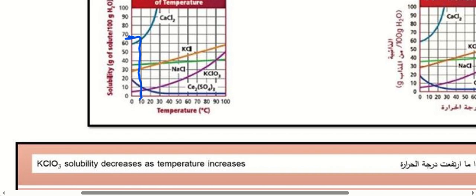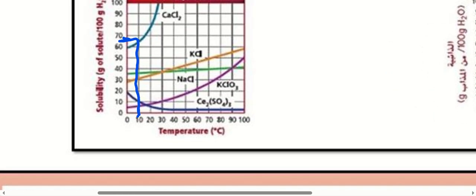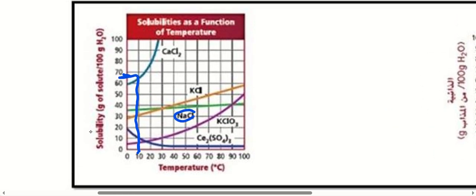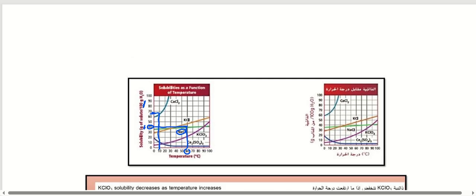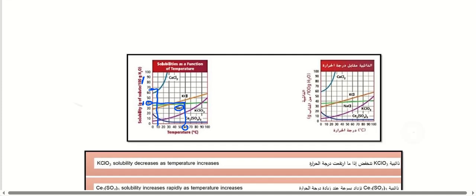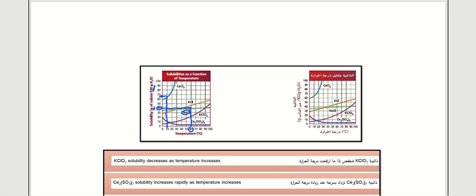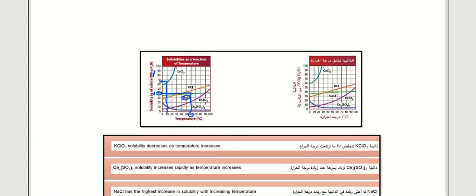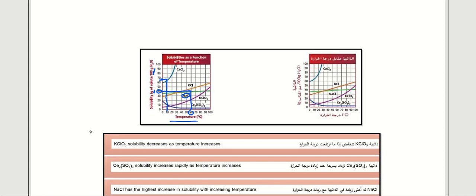Let me zoom. This is sodium chloride and this is 60. I'm going to go up and go here. It is 40 grams per 100 grams of water. So you have to know how to use the line graph for solubility as a function of temperature. The x-axis is temperature and the y-axis is solubility.